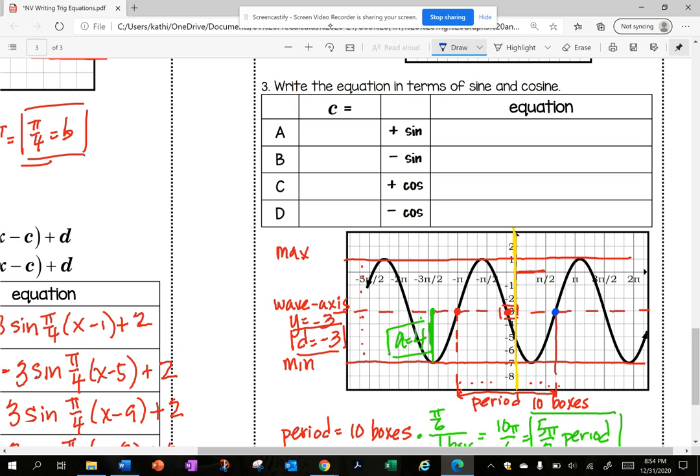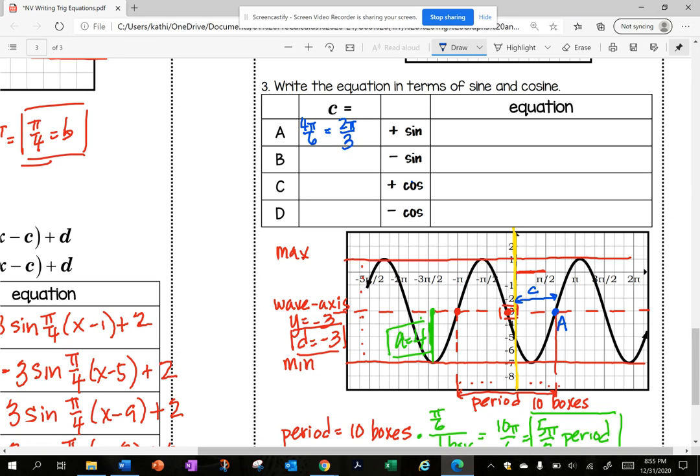So I'm going to call this point A. So my C value is 4 boxes, right? So this is C at this point. So each box is pi over 6. So this is going to be 4 pi over 6, which when I simplify, that's 2 pi over 3.